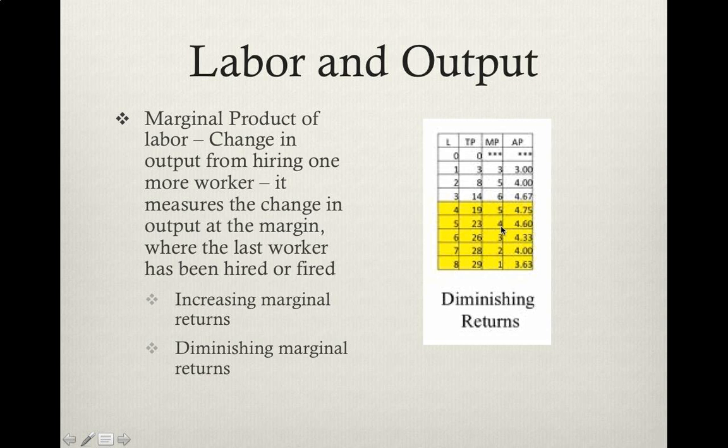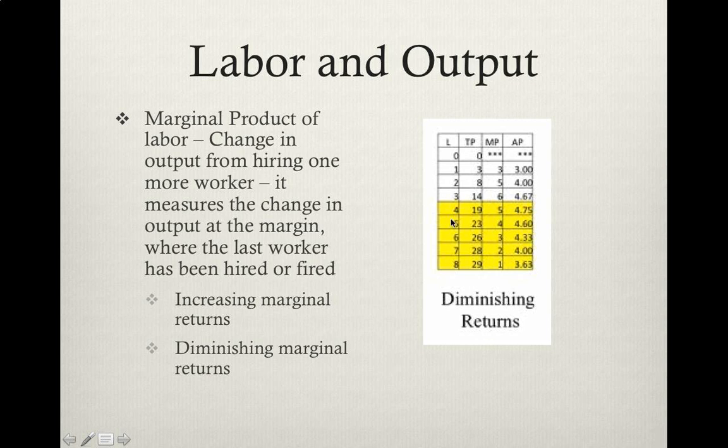This number is going down. Total product is going up, but the additional workers are not adding as much as the worker before them. Eventually, if we added a 9th, 10th, and 11th worker, what that additional worker adds might actually start to go negative.